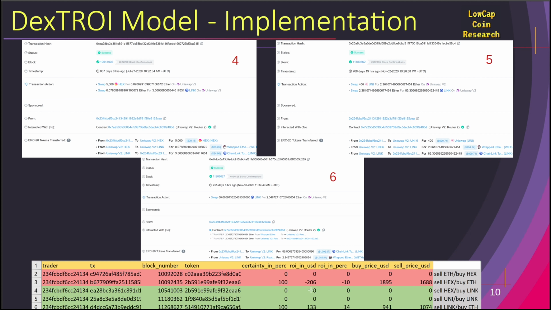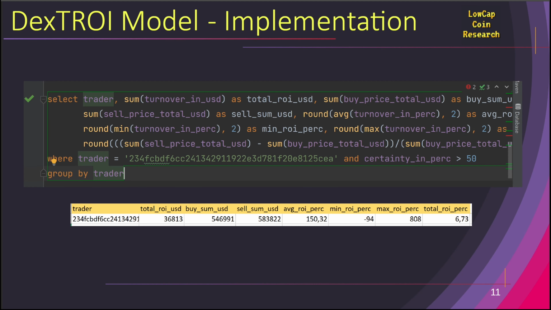If we have data like that, we can then fire a SQL query and get data as you can see in this picture. So the trader, the total return on investment in USD or percentage.